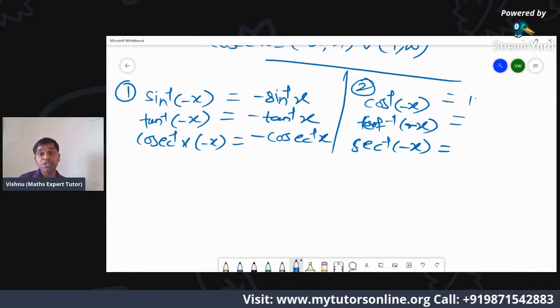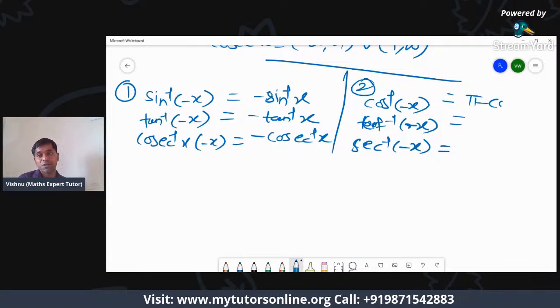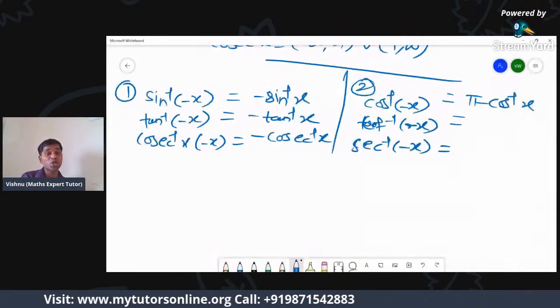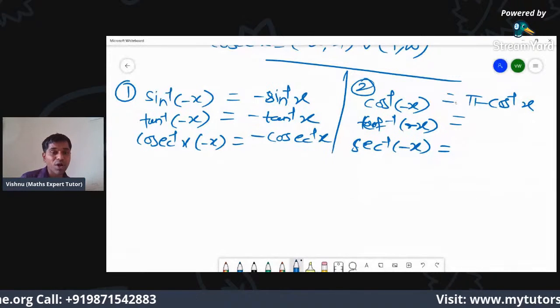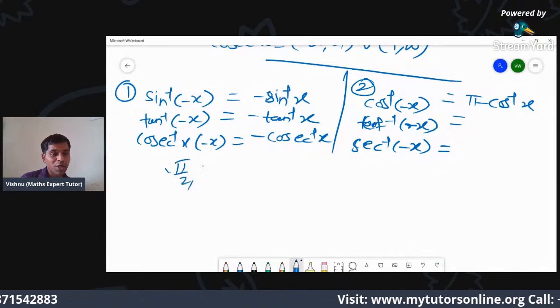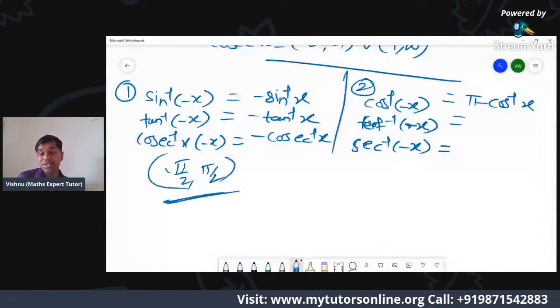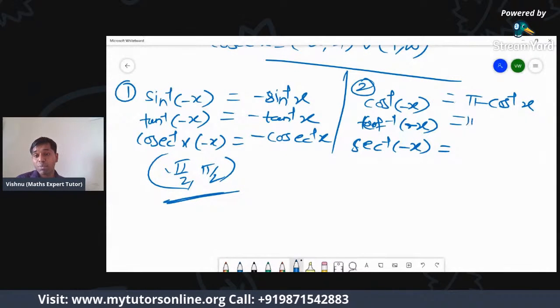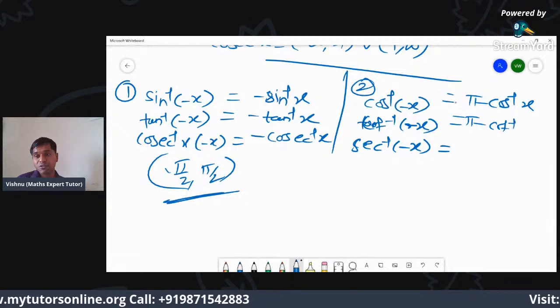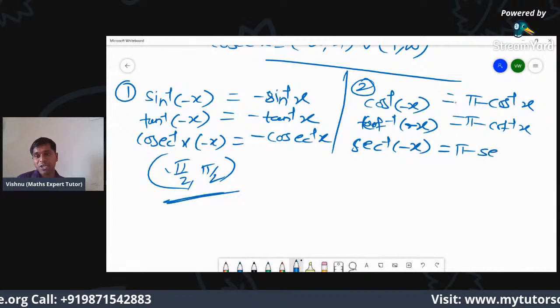When the angle is minus, it is pi minus cos inverse, because it is defined from 0 to pi. Negative it does not come, right? This is minus because it is anyways minus pi by 2 to pi by 2, open interval at least. But here it is 0 to pi, it does not take negatives. So pi minus cot inverse x, pi minus sec inverse x.